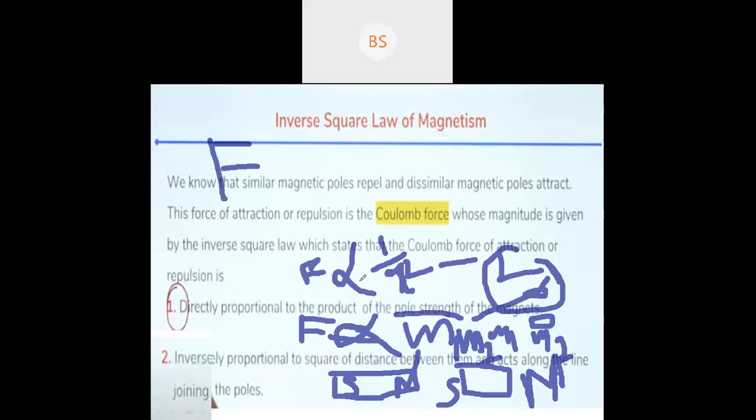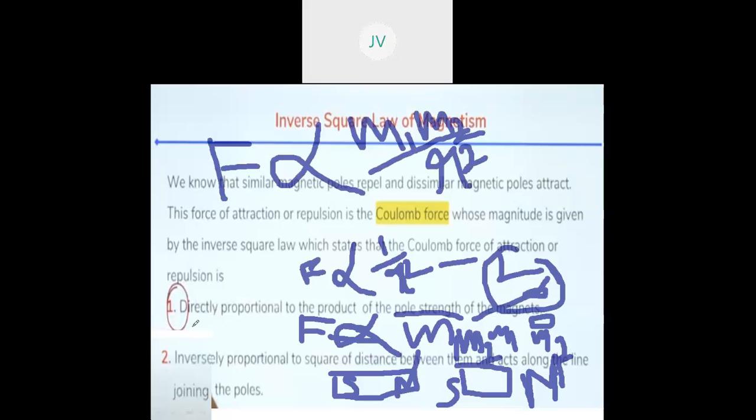If we want to remove this proportionality sign, what do we have to take? Okay, I will first write this, M1 M2 upon R square, combining both. Force is directly proportional to the product of pole strengths, M1 and M2.